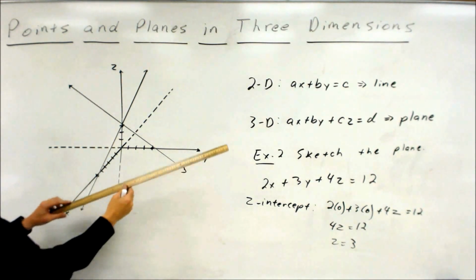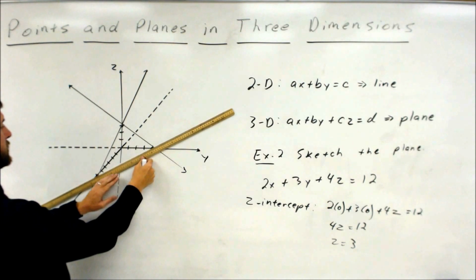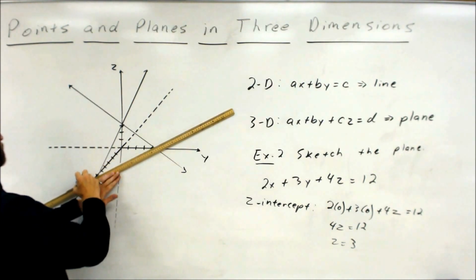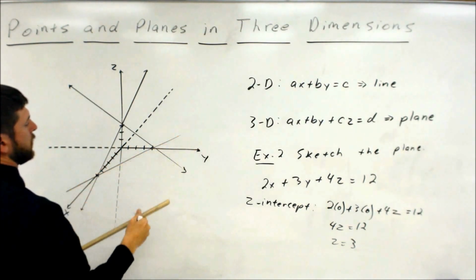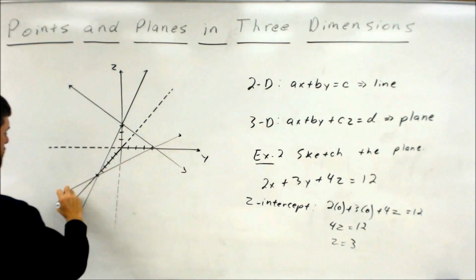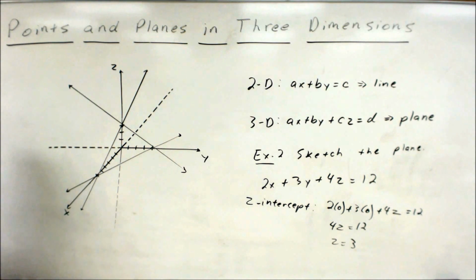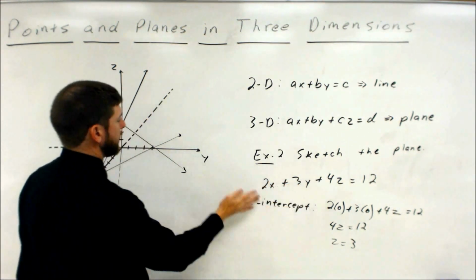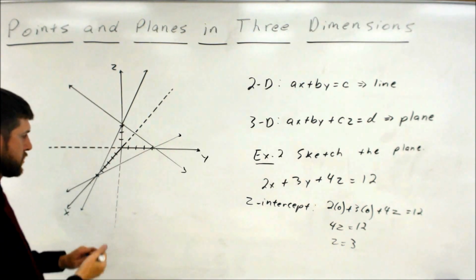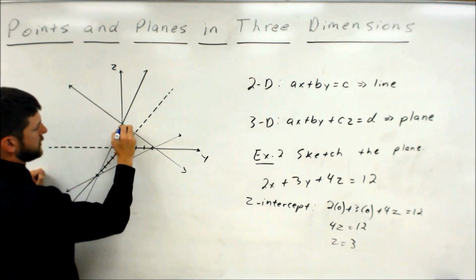And between the x and y axes, we get the xy trace. Now what that does is gives us a snapshot of this plane as it's passing close to the origin.